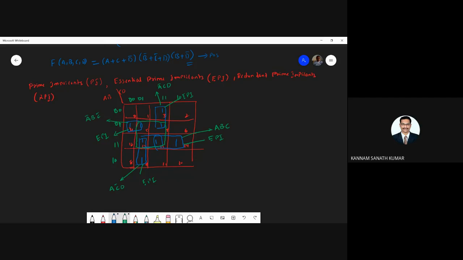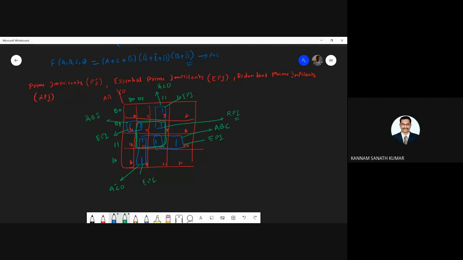Now, what is a redundant prime implicant? The prime implicant whose each one is covered at least by one essential prime implicant. So here, if you see, this one makes one quad. That is what we call a redundant prime implicant.